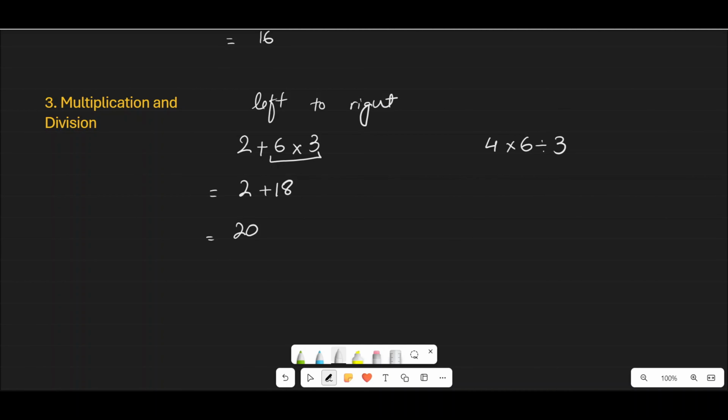In this case, we have multiplication and division both in the same expression, but from the rule, because it is from left to right, we have to solve the left operation first, no matter if it is multiplication or division. So 4 multiplied by 6, which is 24, and then we'll perform the division. So this would equal 8.